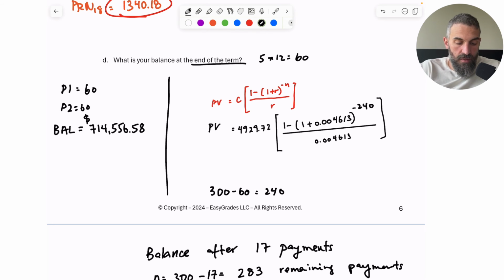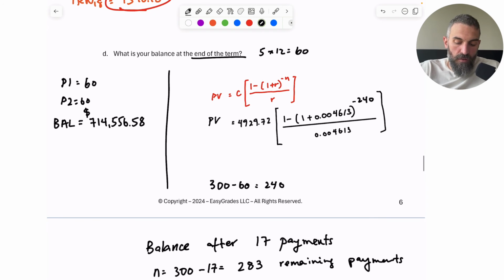And you see, I'm going to do it on my calculator just to show myself and you guys, I guess, that it's the same. 1.004613 to the power of negative 240. I got exactly the same number. Maybe I was off by a few pennies. This is probably because of rounding.